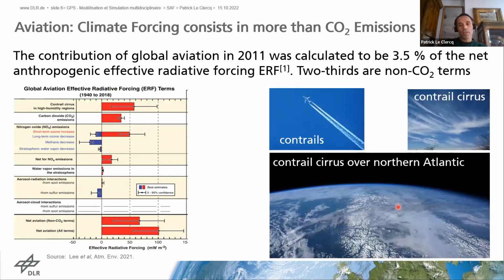Now, in aviation, there's a second aspect. This is a little complex, but it is very, very important to know about it. CO2 emissions are not the only contribution to the climate impact or climate forcing. There are also so-called non-CO2 effects. And where do they come from? Here on the right-hand side, you often see in the skies contrails being produced or emitted in the wake of a civil aircraft.